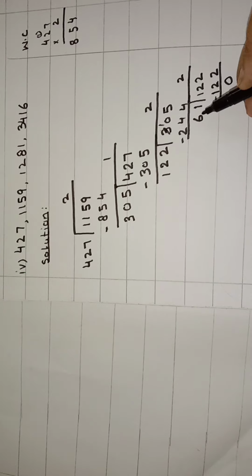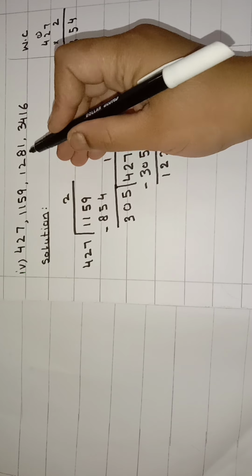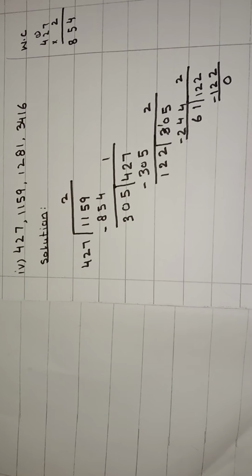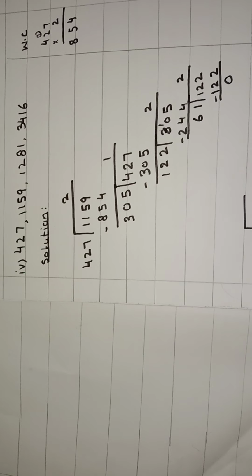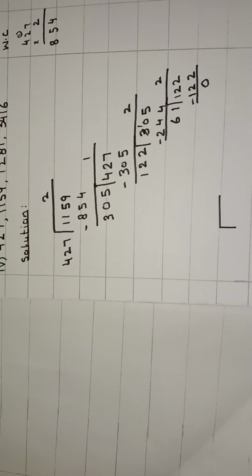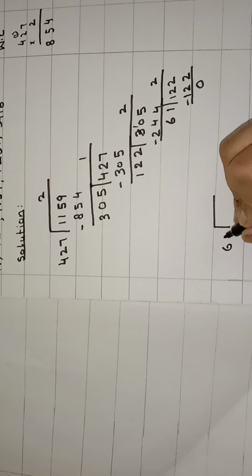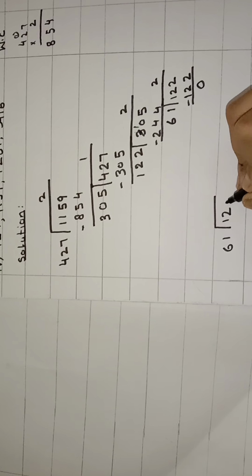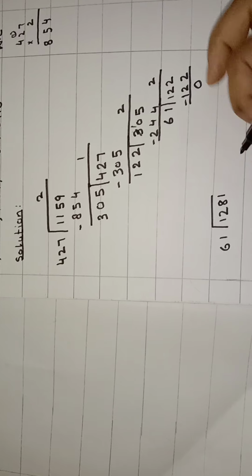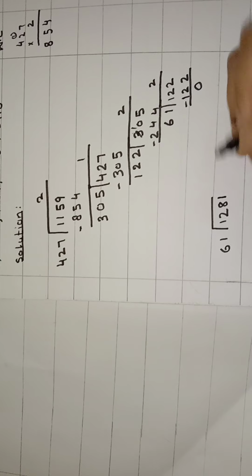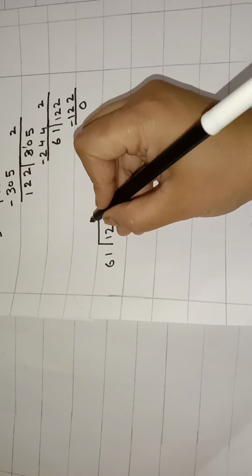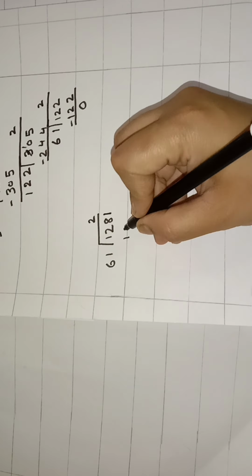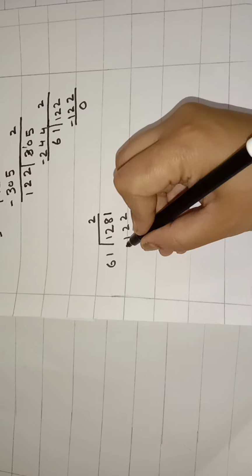Now we will divide 61 by 1281. 61 twos are 122.